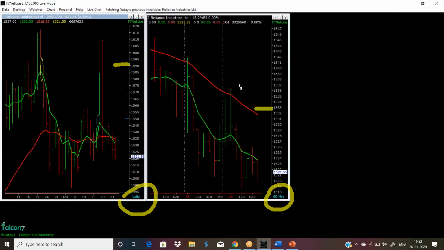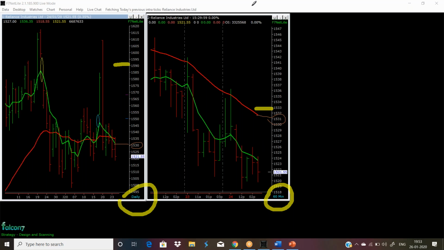Check the EMA 6 value properly. The EMA 6 value is something like 1513, and here the EMA 30 value is approximately 1531, approximately equal.